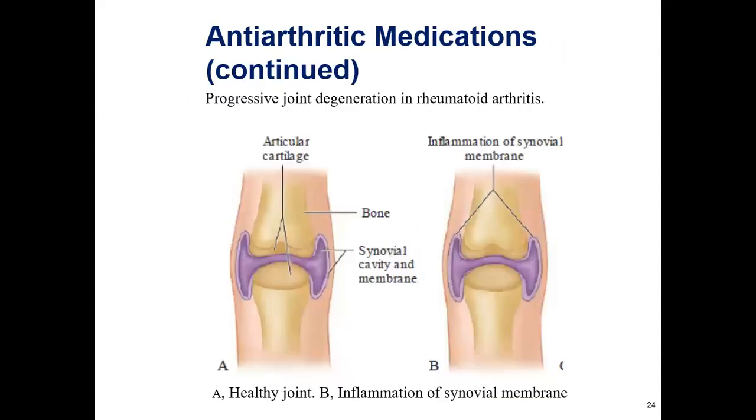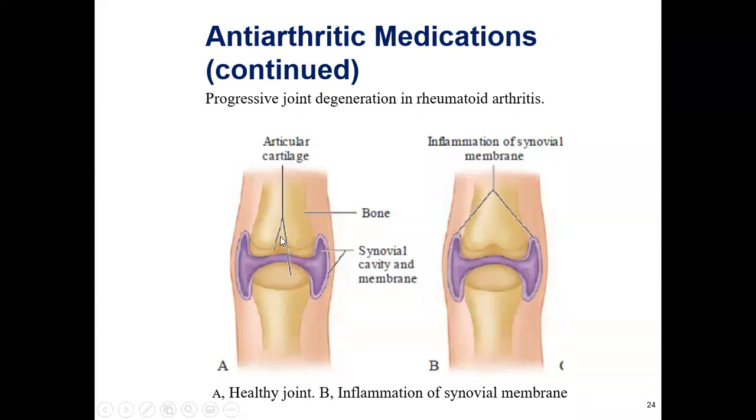What else? And this is the beautiful picture. We can see here the articular cartilage, knee joint, right? And this is the end plate, bones, end plates, and the synovial joint, or synovial cavity and membrane. Rheumatoid arthritis affects this joint.